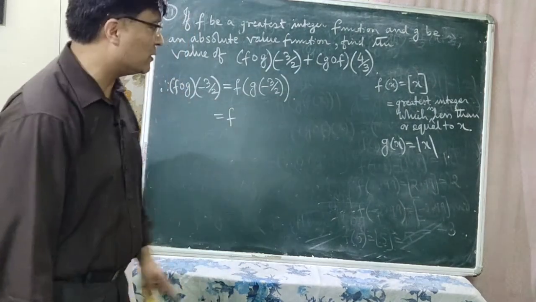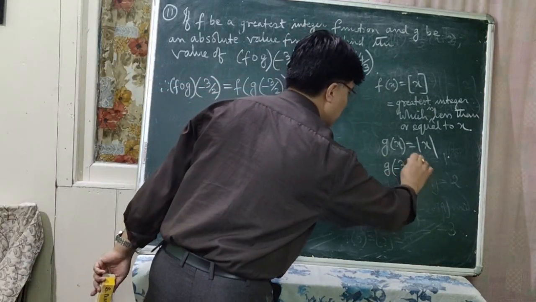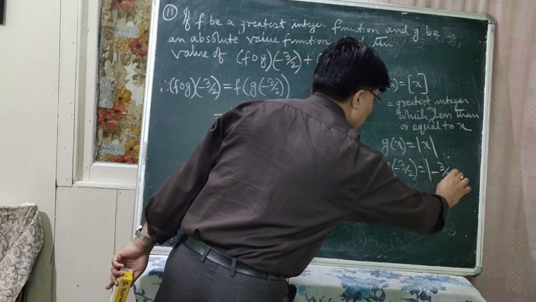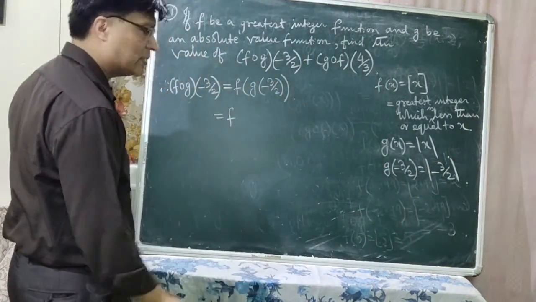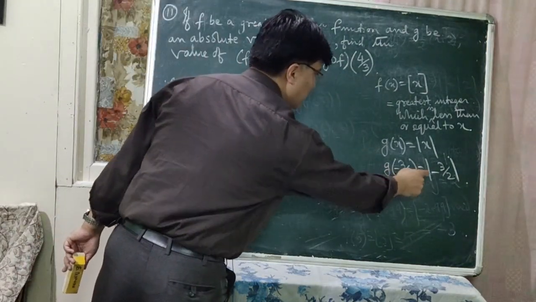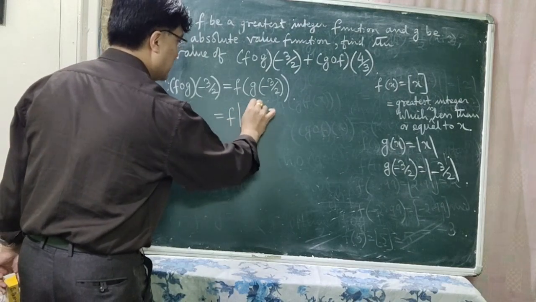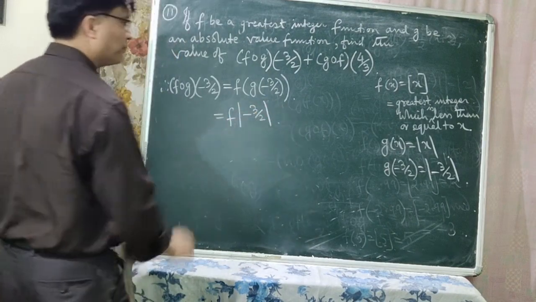It is the modulus function. This modulus function g of minus 3 by 2 is equal to mod minus 3 by 2, isn't it? So you can write here g of minus 3 by 2 is equal to, what is it? It is minus 3 by 2.